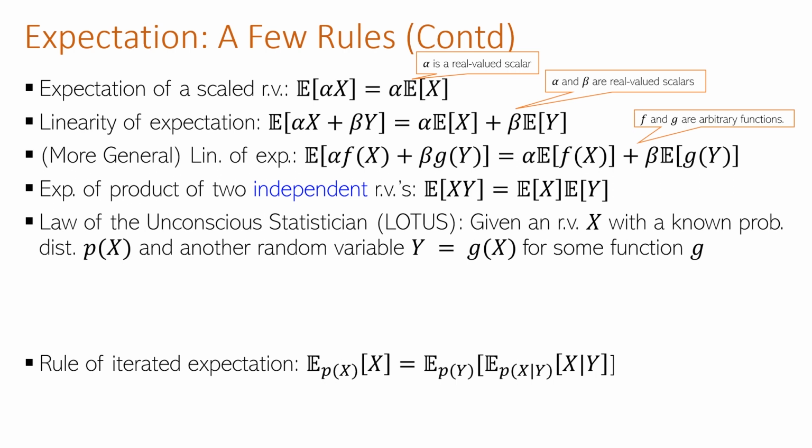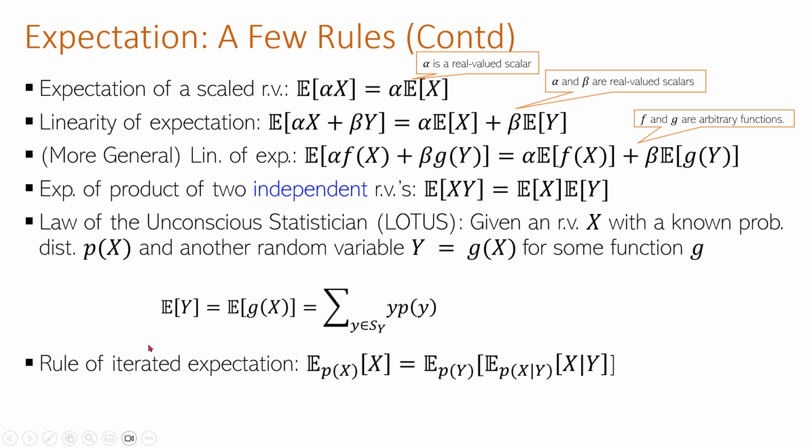Then the law of the unconscious statistician, we call it LOTUS. Given a random variable x with a known probability distribution p of x, and another random variable y equal to g of x for some function g, then E of y is equal to E of g of x. You can calculate this as the summation over y in the sample space of y times p of y. This is what we call the law of the unconscious statistician, LOTUS.